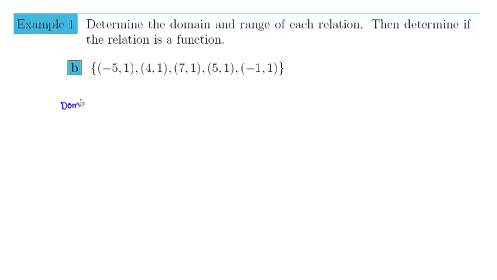The domain, recall, is your set of inputs, your set of x values, the x coordinates of each ordered pair. The domain for this relation consists of -5, 4, 7, 5, and -1. Putting them in order, that means the domain consists of the set -5, -1, 4, 5, and 7.